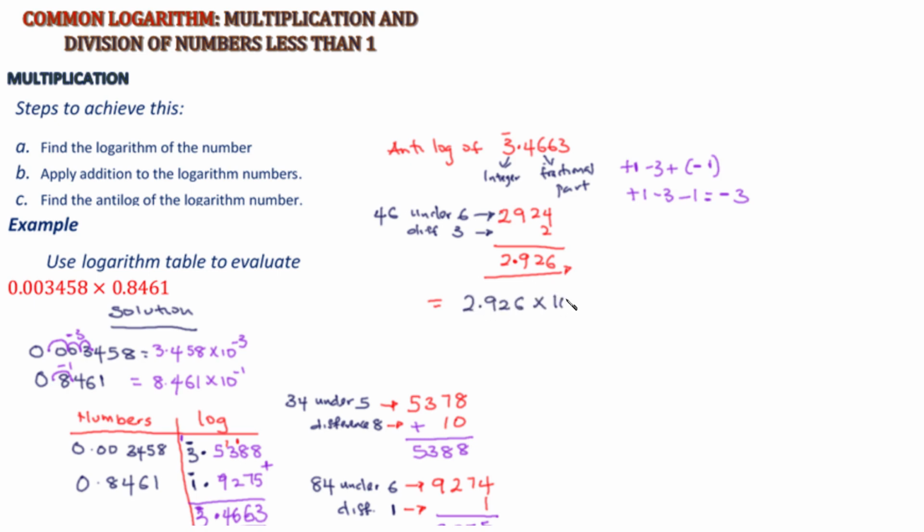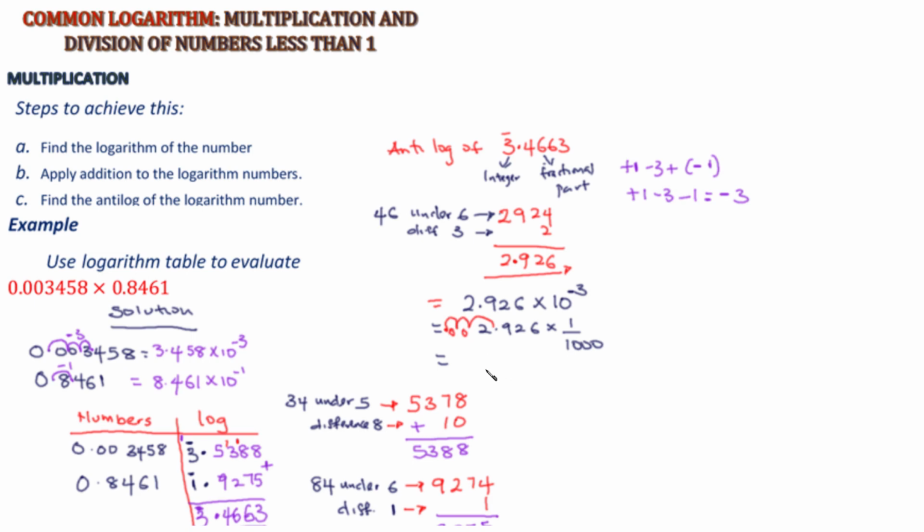2.926 times 10 raised to power minus 3, with this integer. Now, that will be 2.926 times 1 over 1000. This is 10 raised to power 3. Now, what will be the value? The final answer will be, this point is going to move 3 times backward. 1, 2, 3. This point stops here.